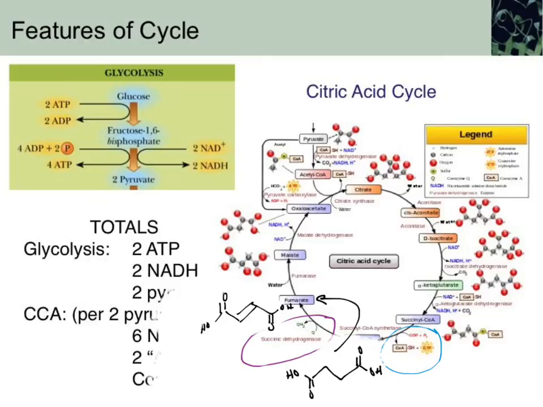Okay? And that step is actually a very important step that shows up kind of oddly in the electron transport chain, which is very weird because we're saying it's part of the citric acid cycle. Okay? So it kind of parallels in both. Okay? And we'll talk about that when we get into our electron transport chain.